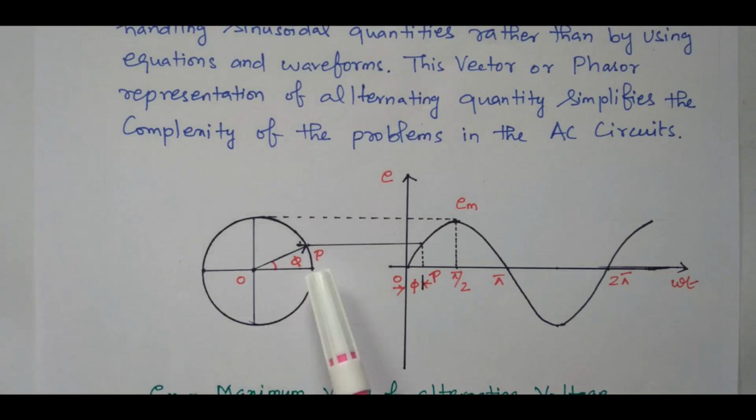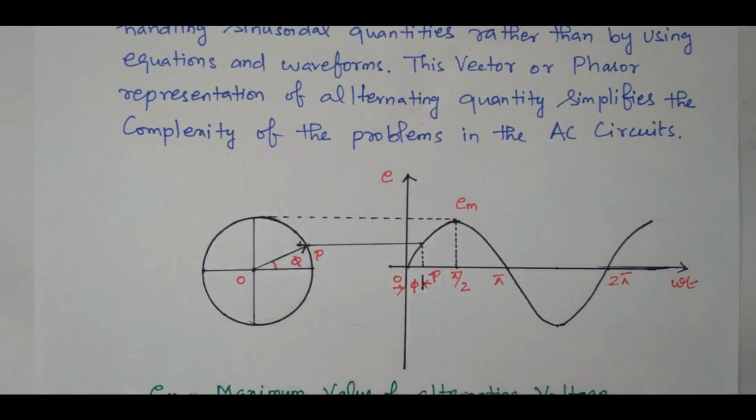So here we have the point 0 to P. An equivalent line is drawn that intersects at this point, which is the point P. This angle is phi, and this angle is also phi, both are equal, right? When the voltage increases, the angle also increases.